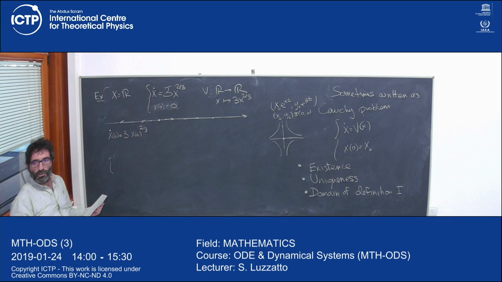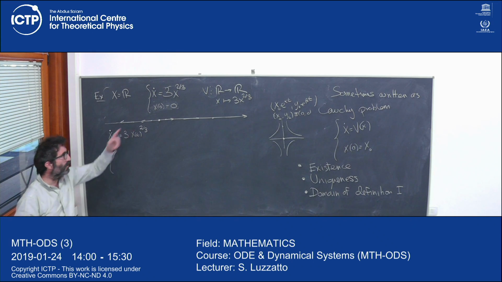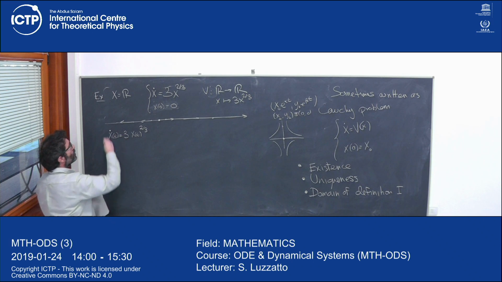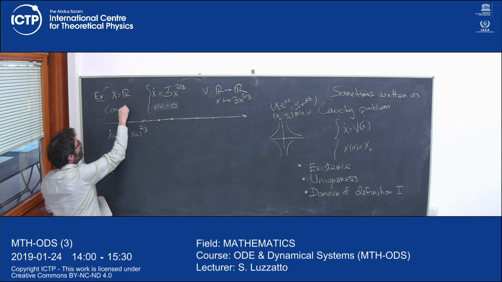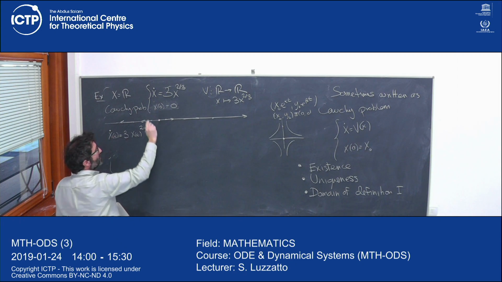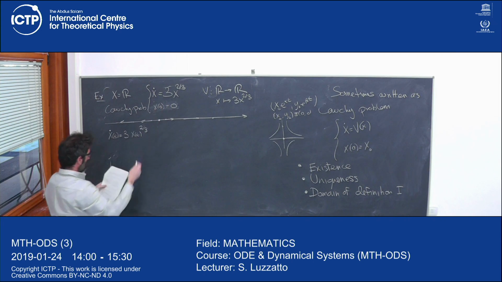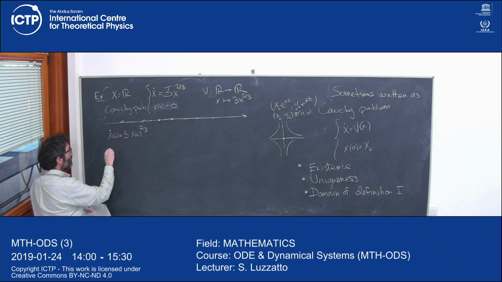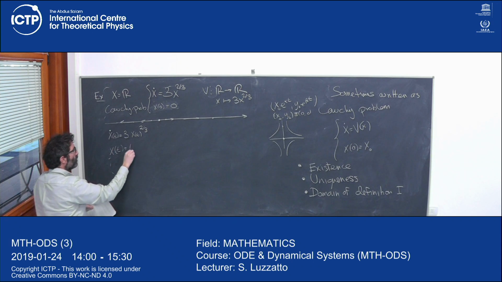One solution is the 0 solution. As we said, because we know the vector field is 0 there. But we can also take the solution x of t equals t cubed.